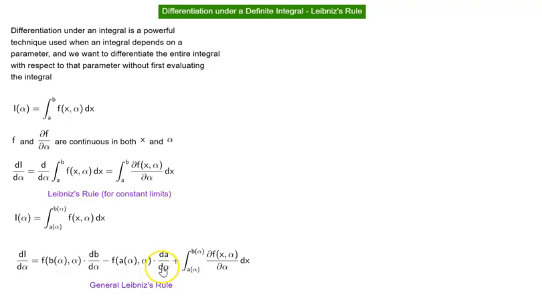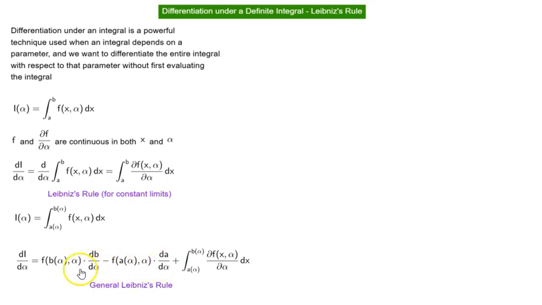Now here, if we take a of alpha and b of alpha as constant, instead of being dependent on alpha, we just say a and b, which means that the rate of change of a with respect to alpha and the rate of change of b with respect to alpha would be 0.